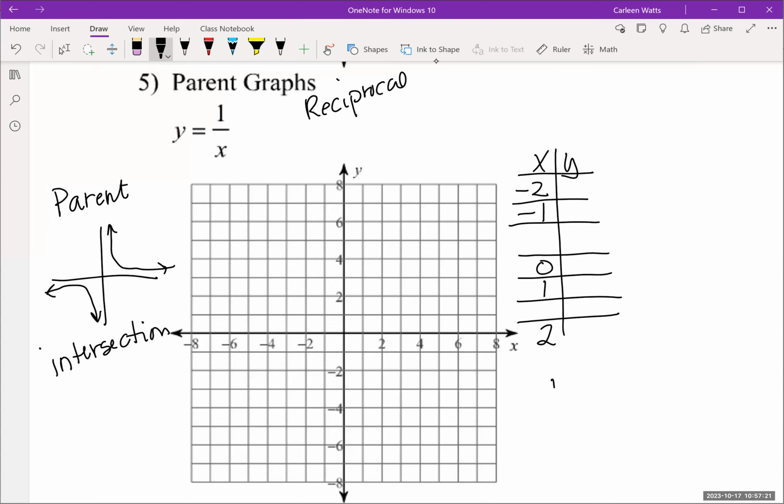So 1 divided by -2. Can you see that this is 1 divided by all my values? 1 divided by -2 is -0.5. 1 divided by -1 is -1.